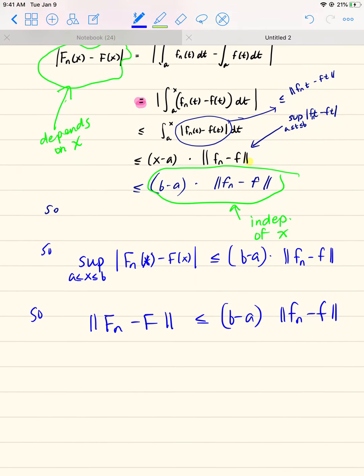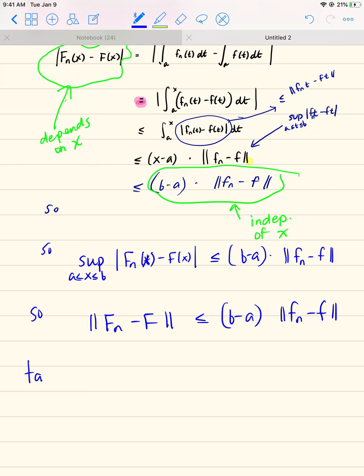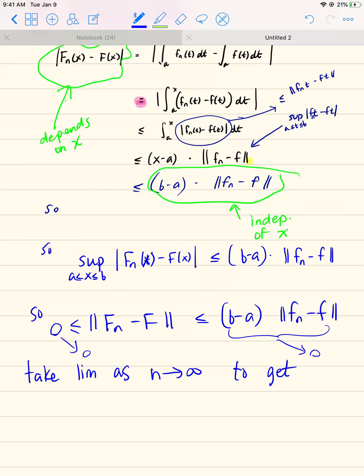And now the last thing we need to do is take the limit as n goes to infinity. Right, so really we're squeezing. So this is going to go to 0. This is already 0.